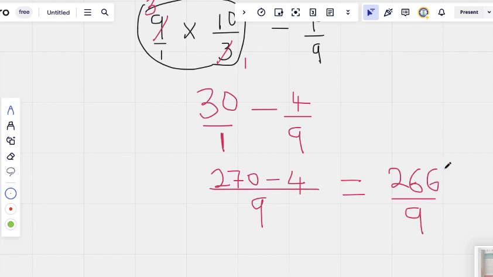Can 3 go? To know if 3 can go into a number, the sum of the digits must be divisible by 3. So this plus this is 12. 12 plus 2 is 14. 3 cannot divide 14, so 3 cannot divide this number. So either we leave it like this, or we change to a mixed fraction. So that's what it is for this question.